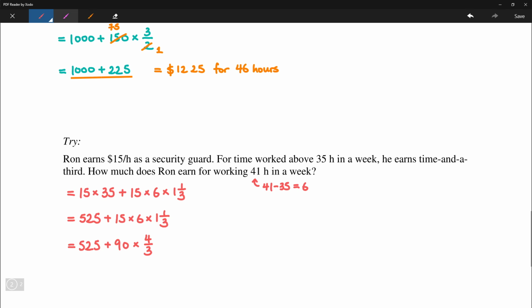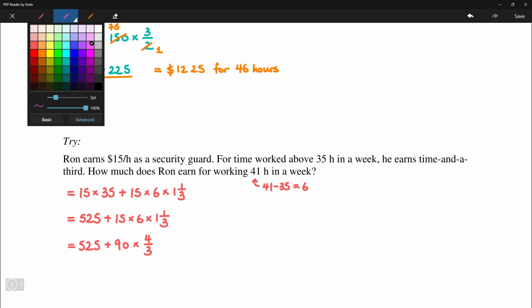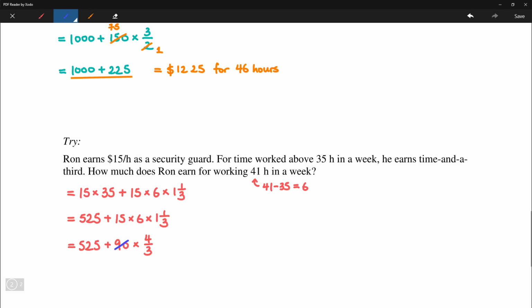Of course that allows us to simplify things a little bit here. 90 and the 3 can be simplified to 30 and 1. And if we multiply those together, that will give us 525 for the first part, and then 30 times 4 is 120, and that adds together to give a total pay of $645.